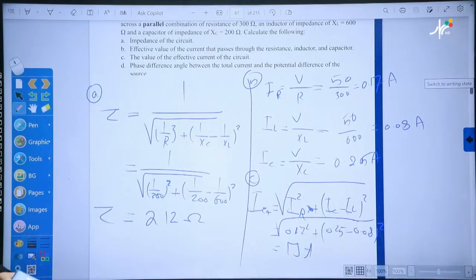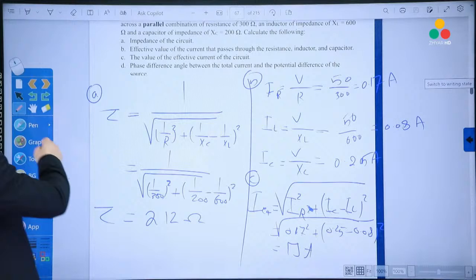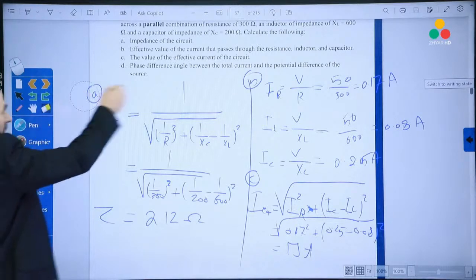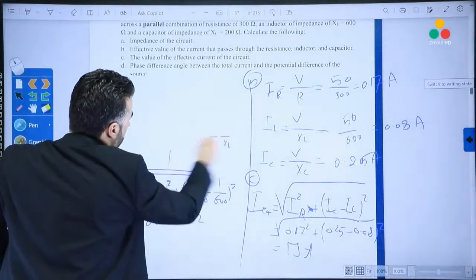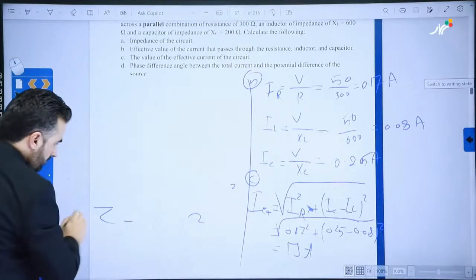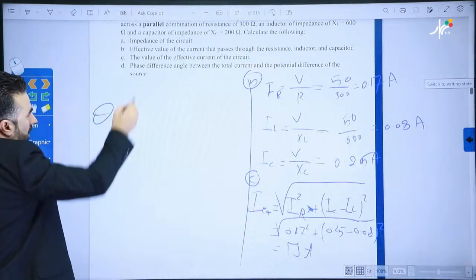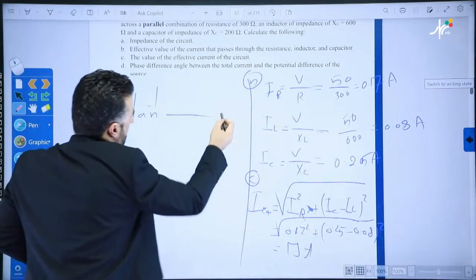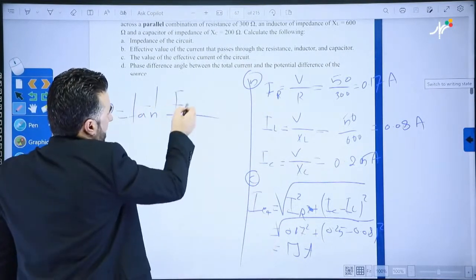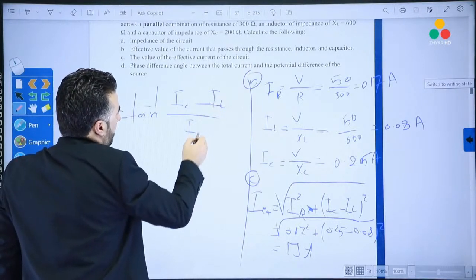So, okay, now the last thing that we need to do is find the phase angle difference. For this one here, here's what we're going to do. Theta equals, remember, tan inverse, since we have all of this, of course, we can say IC, don't forget, that is the rule, minus IL over IR.